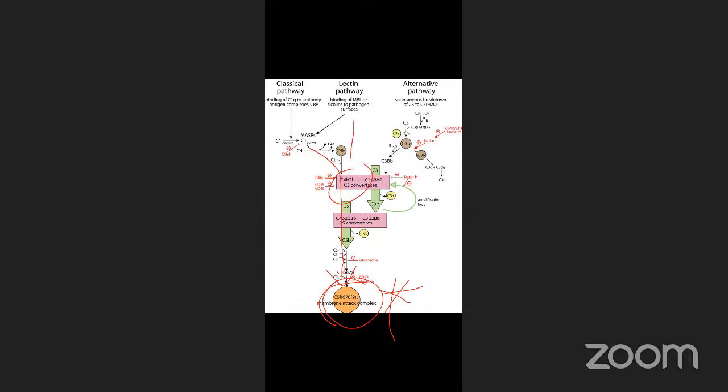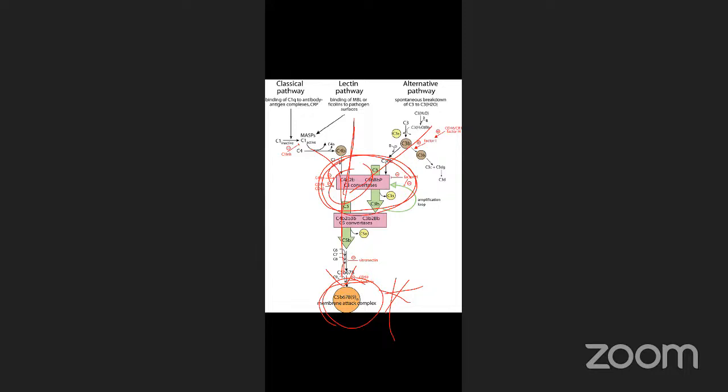This is one pathway, this is the second pathway, and this is the third. The junction of these three pathways is C3 convertase. In all pathways, C3 convertase is the junction. The way C3 convertase is made is different in the different pathways.